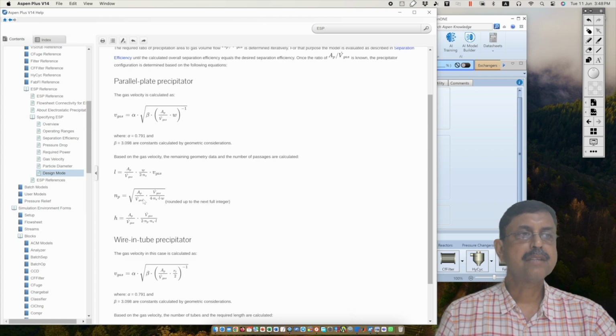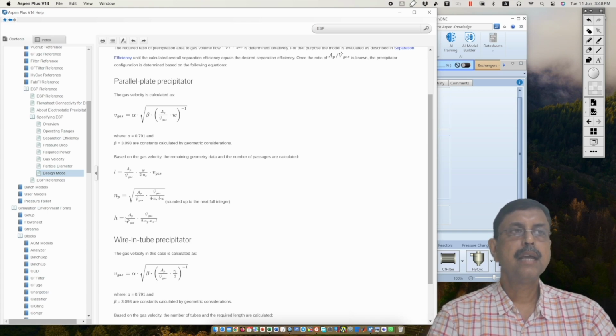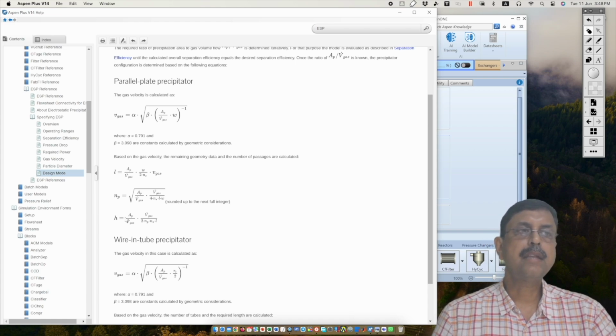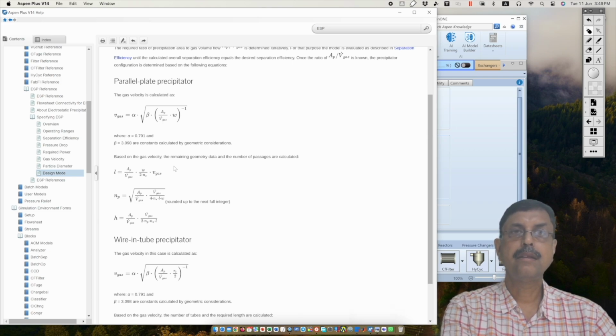And based on the gas velocity, L, NP and H are calculated in this fashion, because in design mode you have to provide the information on the separation efficiency, right? So once you give the separation efficiency, it has to calculate the length of the plate, the width of the plate, and the number of plates that is required for the system. So all those dimensions will be calculated by Aspen Plus using these equations.